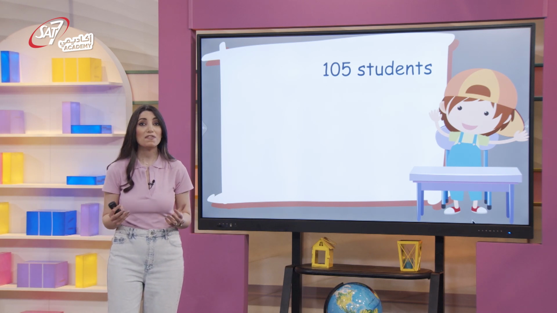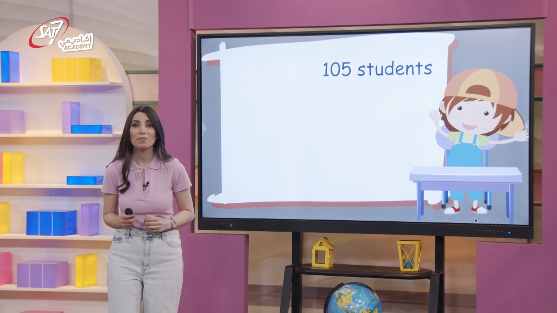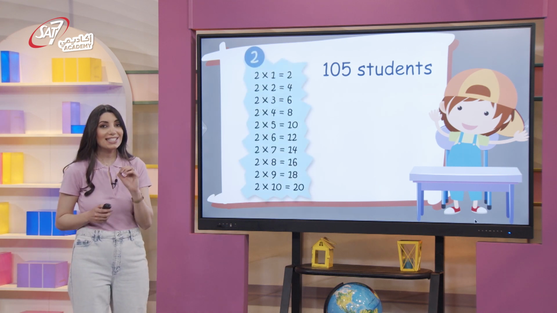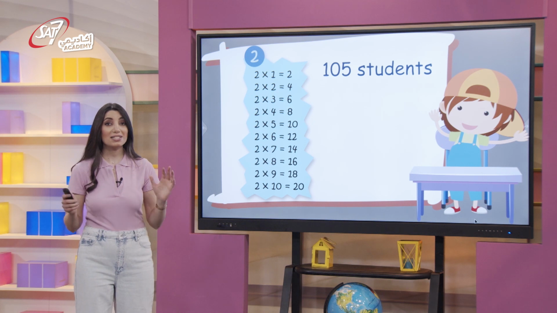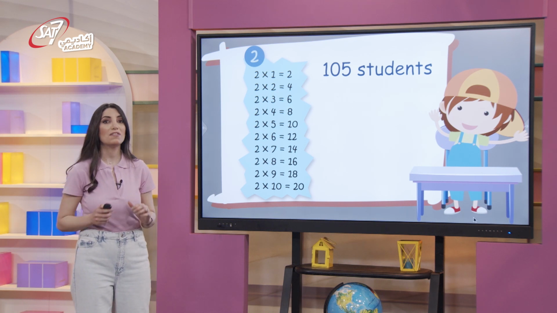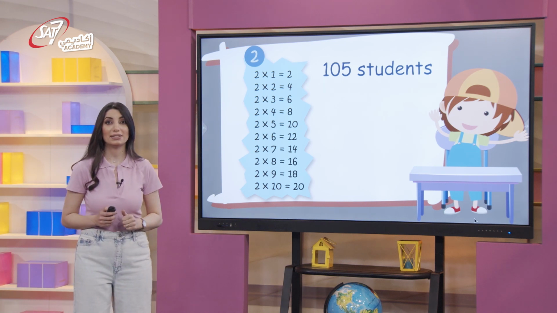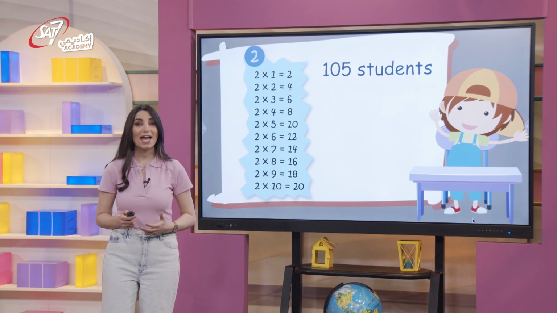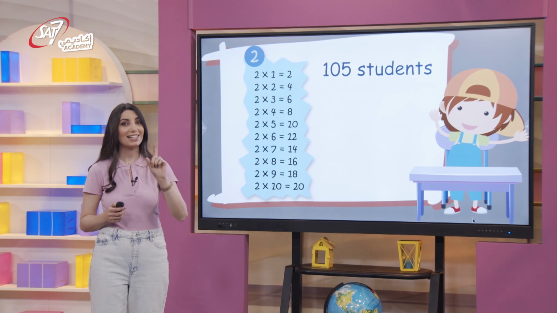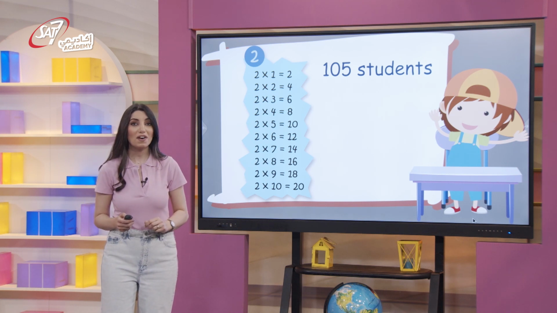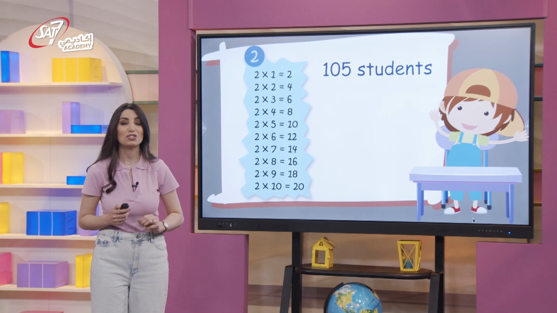How do I know if a number is an even number? By looking at the last digit only. The last digit will always be an even number: 0, 2, 4, 6, or 8. So 105 ends with 5, which is not an even number. 105 is not divisible by 2.